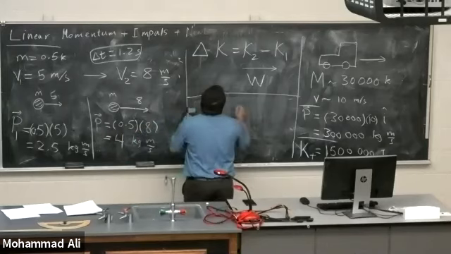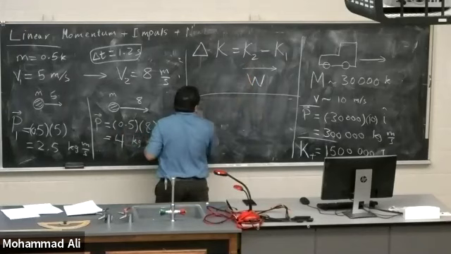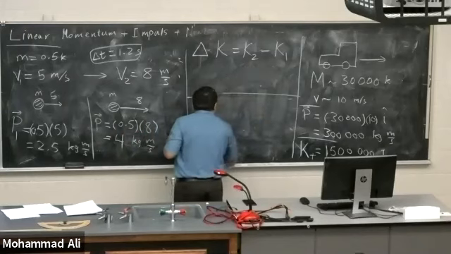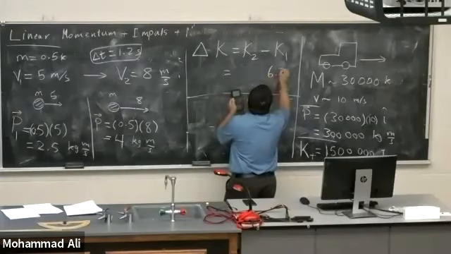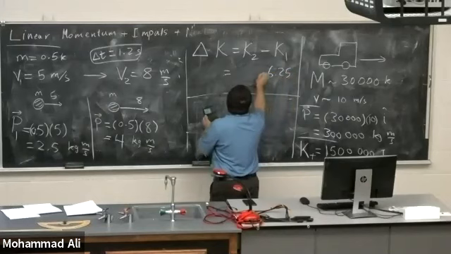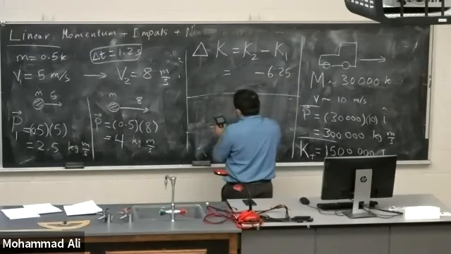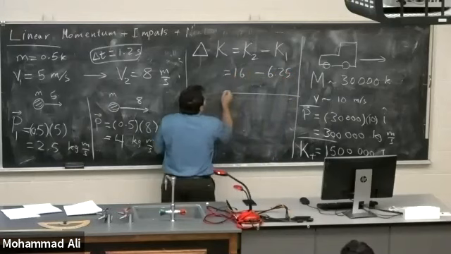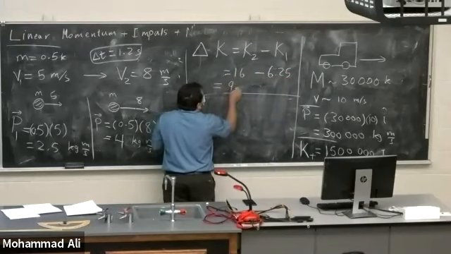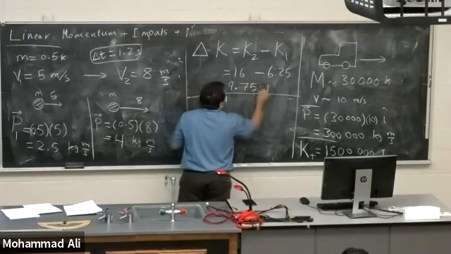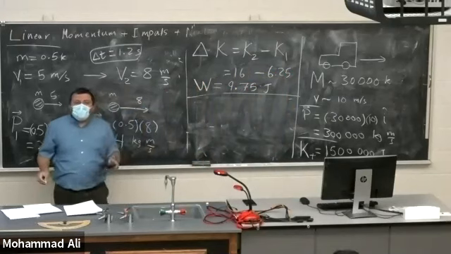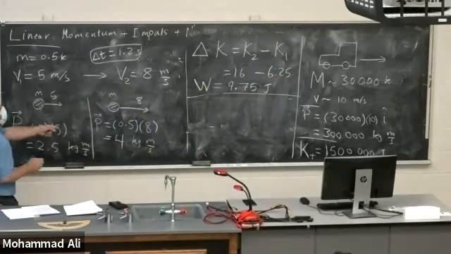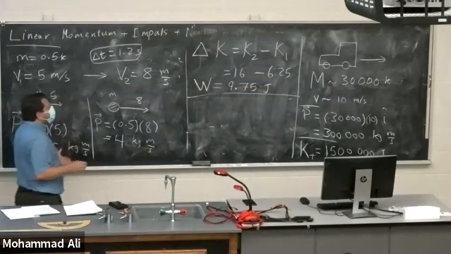So the initial kinetic energy is 6.25 joules. The final kinetic energy is 64, the same thing, 16. So the change will be equal to 9.75 joules. This is equal to the work. Agree with me?